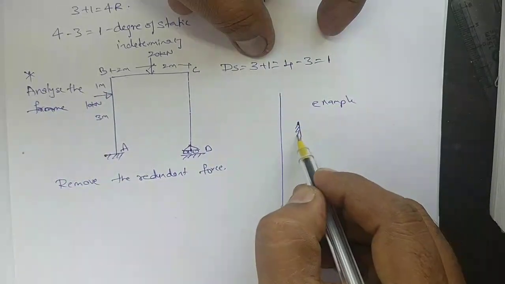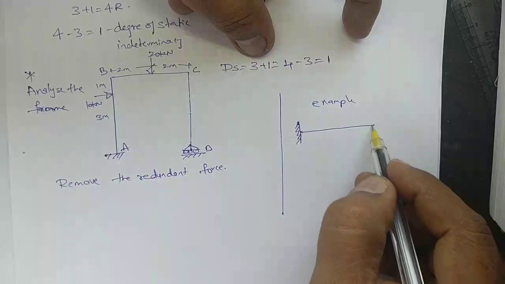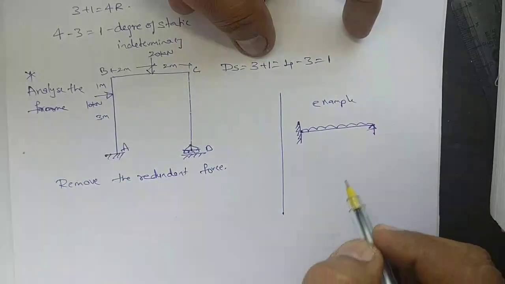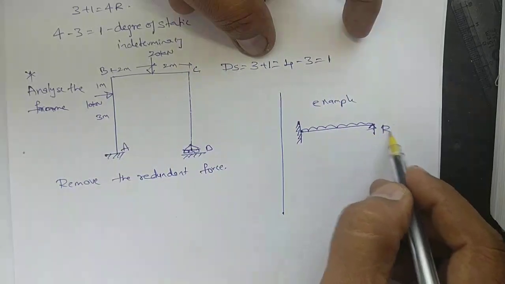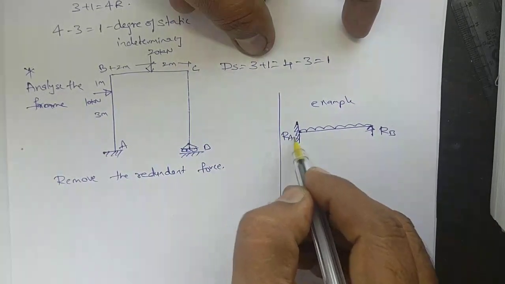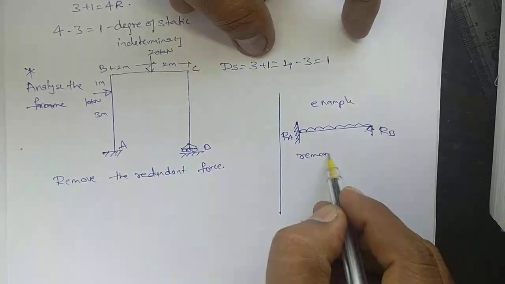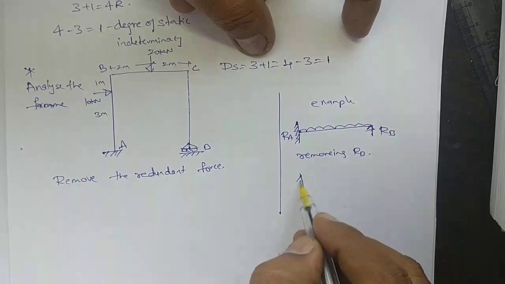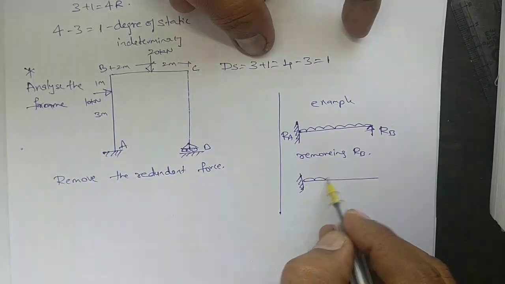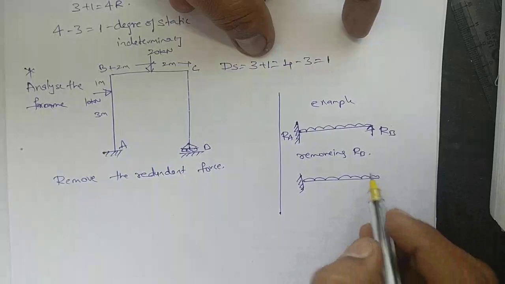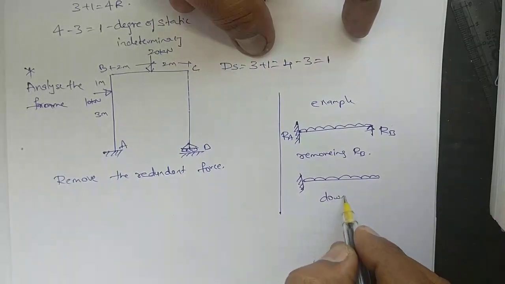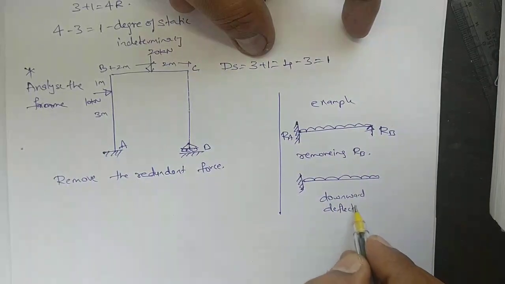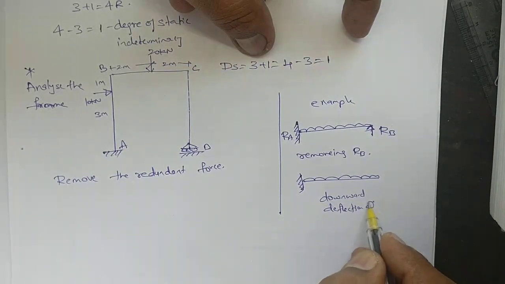In the propped cantilever, what we have done, we have removed this one, RB, this is RA. Removing RB, it was like this. Then we found out the downward deflection at B.